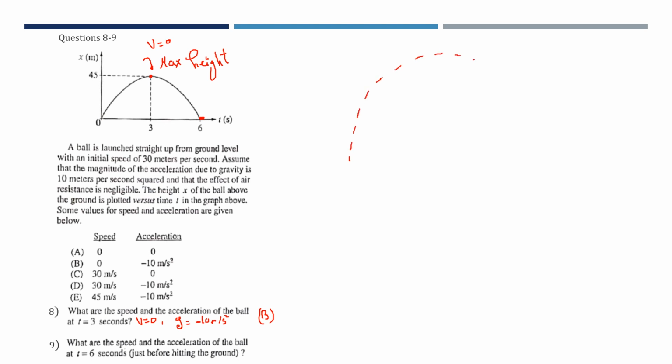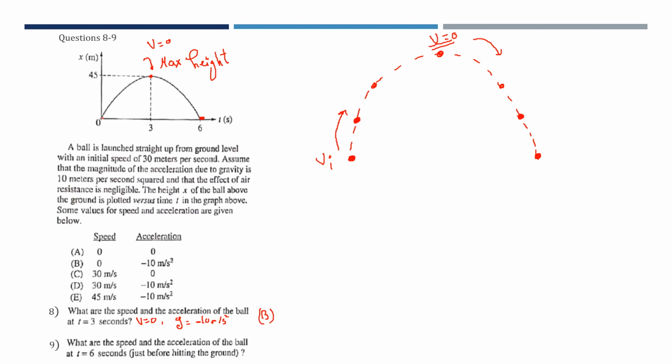Well, for every projectile, the initial velocity at this point is exactly the same as at this point just before hitting the ground, and at this point is the same as at this point, and so on. And at the maximum height, we have zero velocity. So the velocity starts to decrease on its way up until it reaches the maximum height and velocity equals zero, and then it starts to gain velocity when it's moving down with gravity.